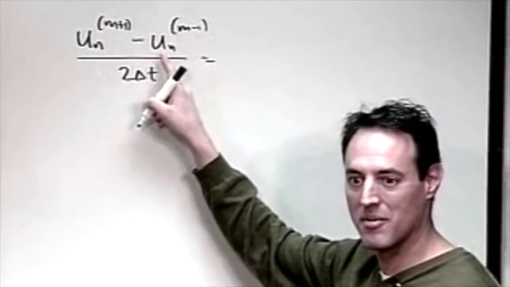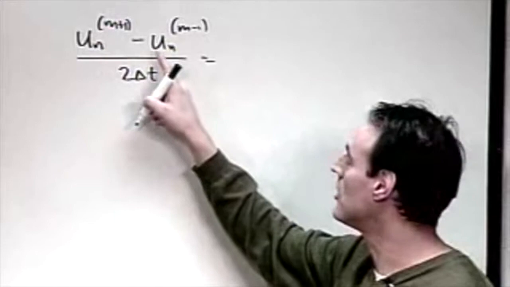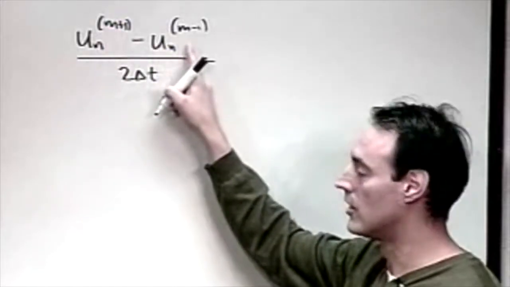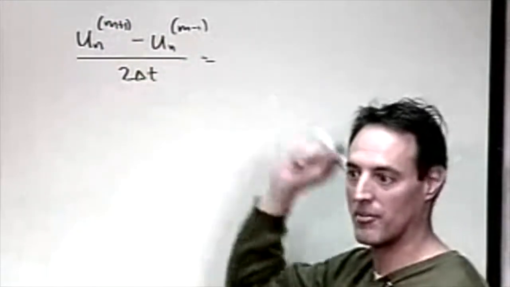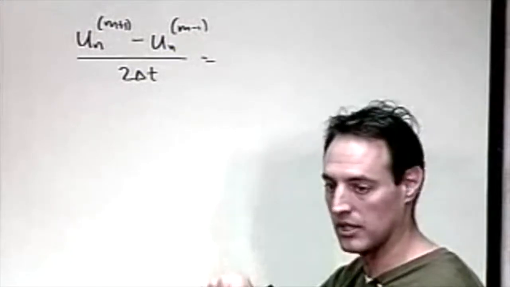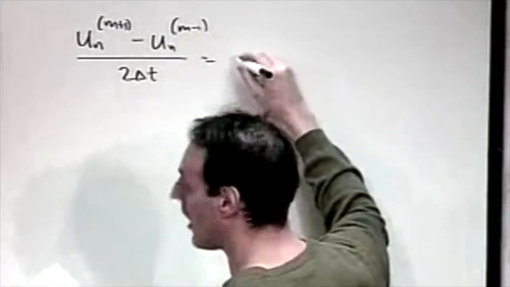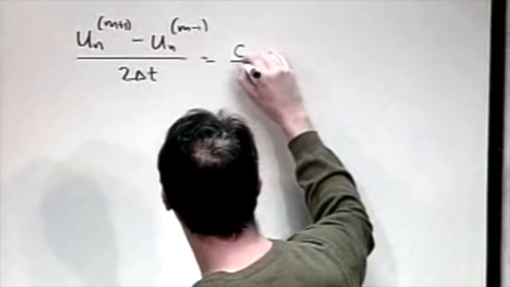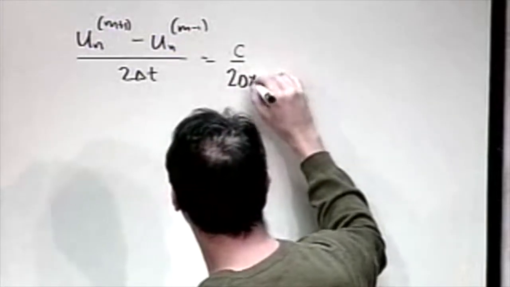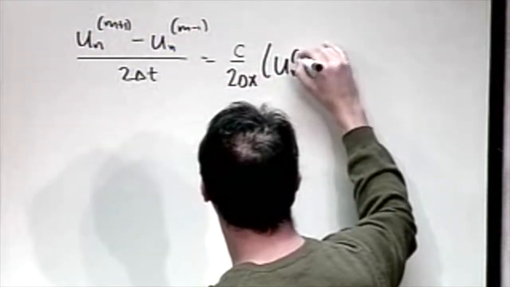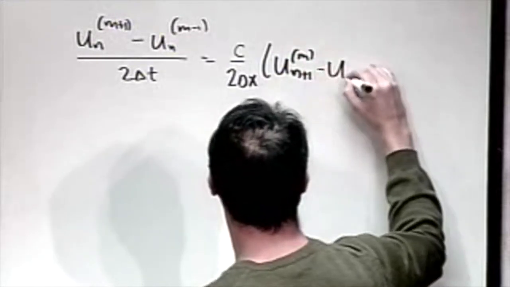You use a point in front and a point behind. So now you're trying to calculate the future point, and you're calculating this using a point in the past. Plus, on the other side of the equation, you still have over there c over 2 delta x, u of n plus 1, m minus u of n minus 1, m.